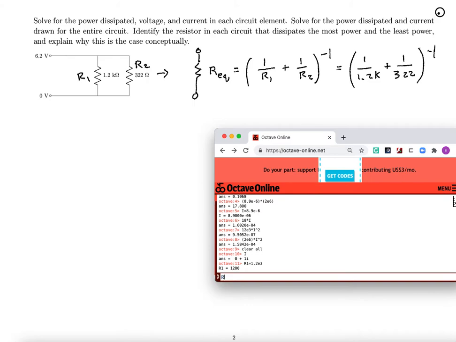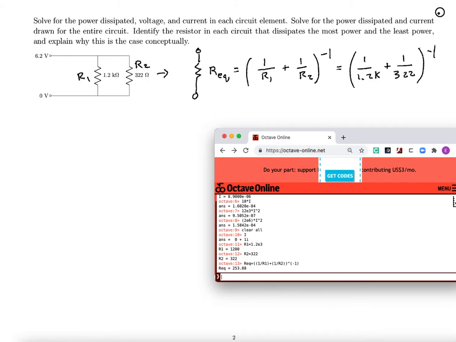I'm going to call R2 322 ohms, and our equivalent I'll just calculate as 1 over R1 plus 1 over R2, and the entire quantity to the minus 1.